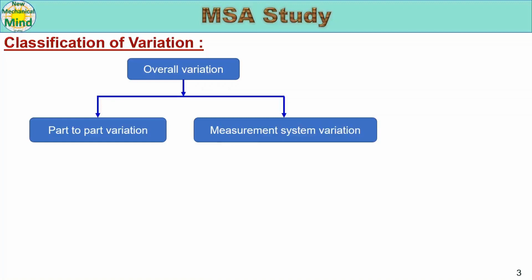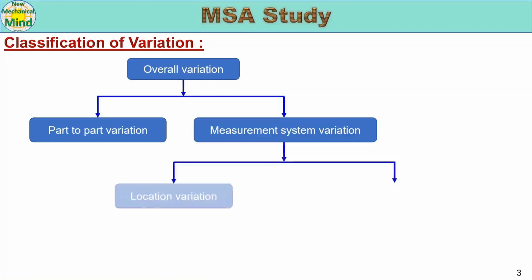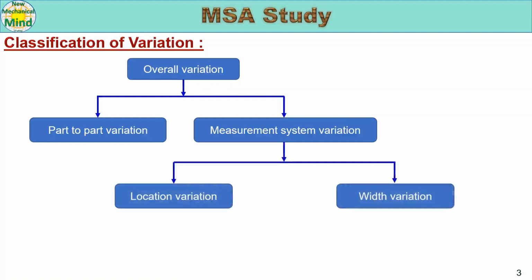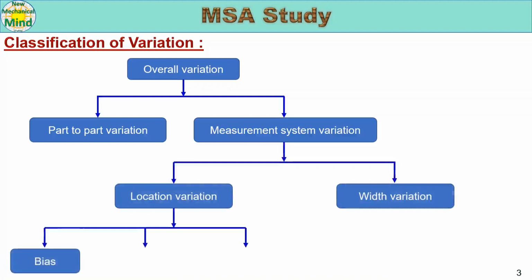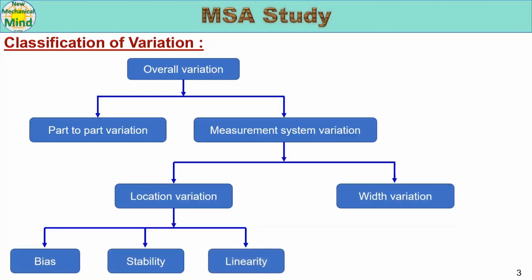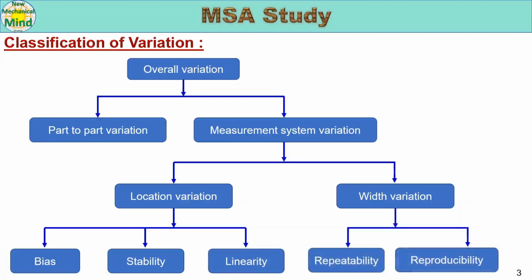So measurement system variation only we can control. Measurement system variation includes location variation and width variation. Location variation contains bias, stability, and linearity. On the other hand, width variation contains repeatability and reproducibility. These are all the classifications of variation.